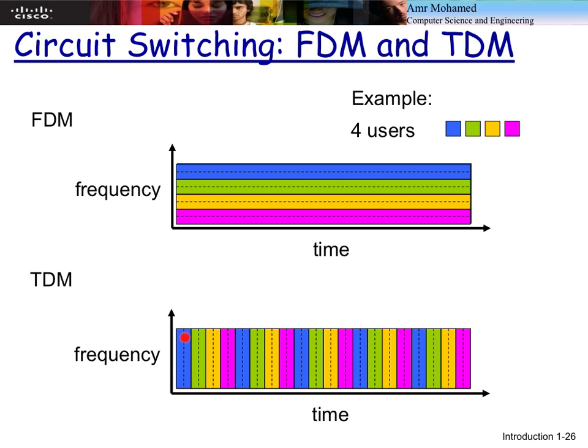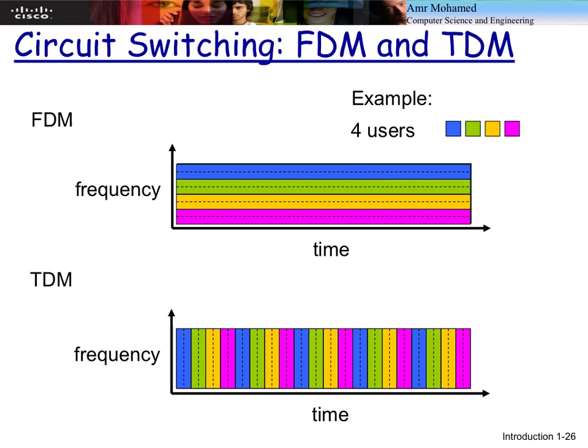You say this slot will be dedicated to circuit number 0. This will be dedicated to circuit number 1, 2, and 3. And then you recycle. This is 0, 1, 2, 3. You recycle 0, 1, 2, 3. So during that duration of time, circuit 0 can use the entire bandwidth for itself, can use the 1 megahertz, but in a short amount of time. Okay?